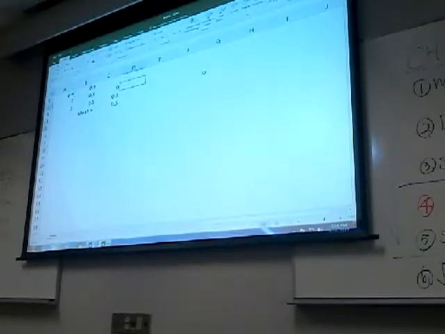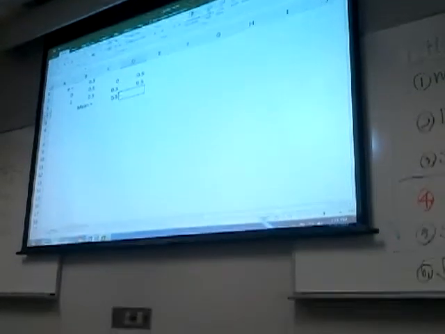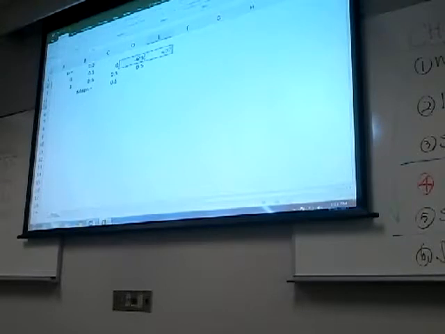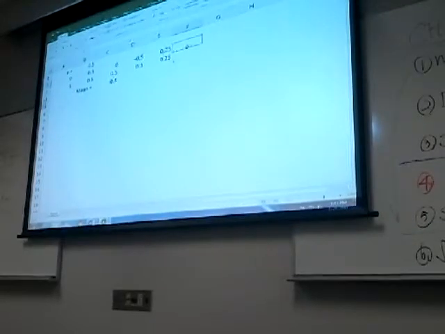For the standard deviation, second step, we have to take the difference, x minus the mean. Negative 0.5, positive 0.5. Step number 3, we have to take the square. Step number 4, times probability.